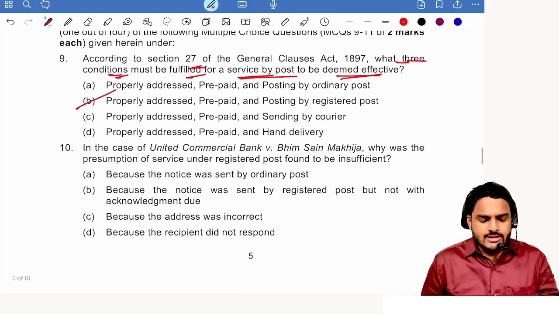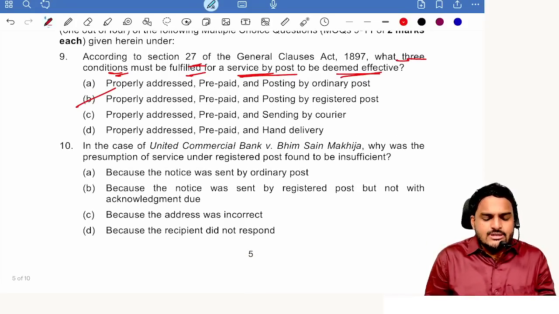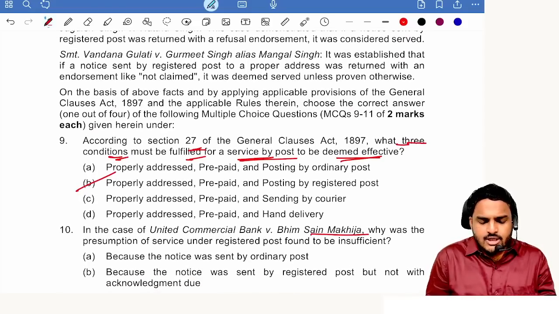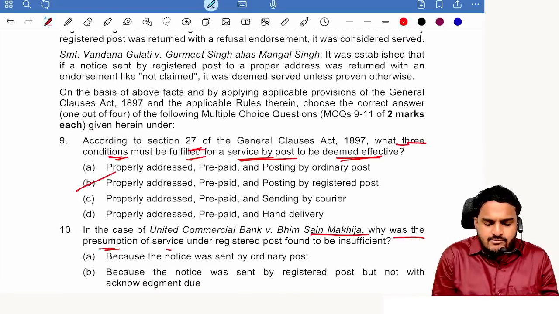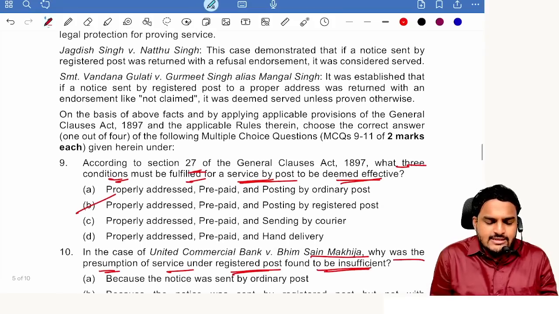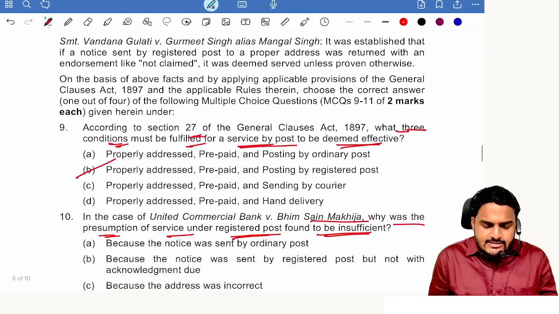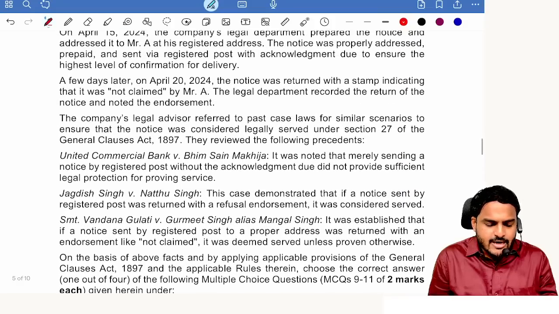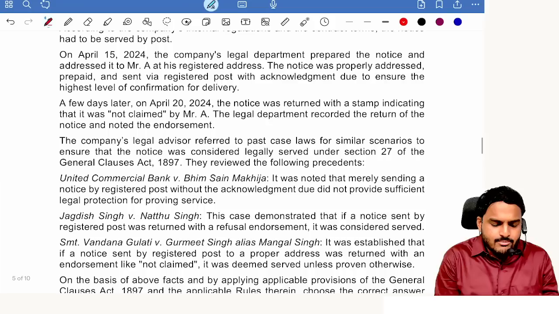Okay. Next, in the case of United Commercial Bank versus Beam Sain Makija, why was the presumption of service under registered post found to be insufficient? Whether this case study is there or not, let's see. United Commercial Bank. In the scenario, United Commercial Bank, yes.